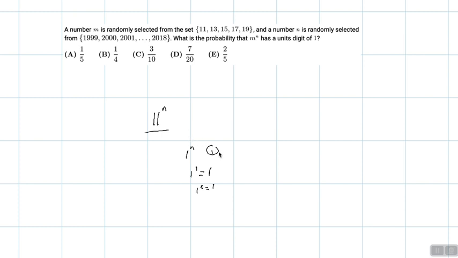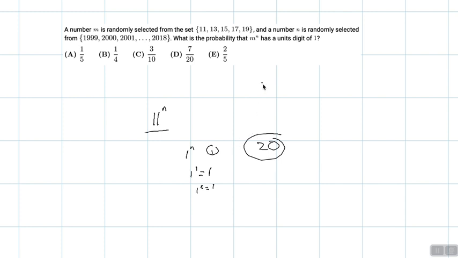And so, therefore, the number of possibilities here, there are 20 numbers here. So therefore, in all 20 cases, the units digit will be 1.